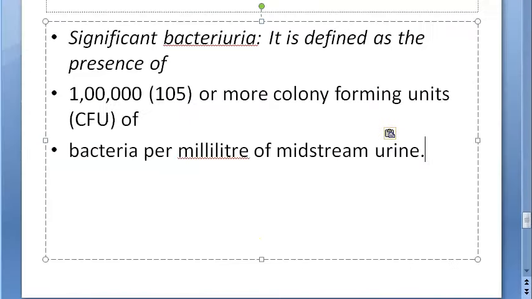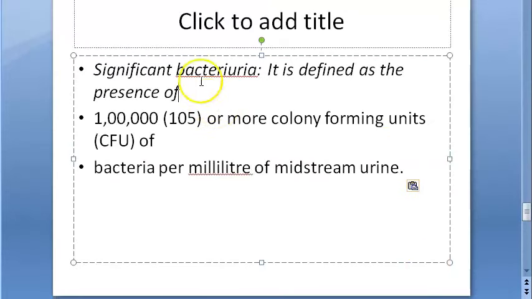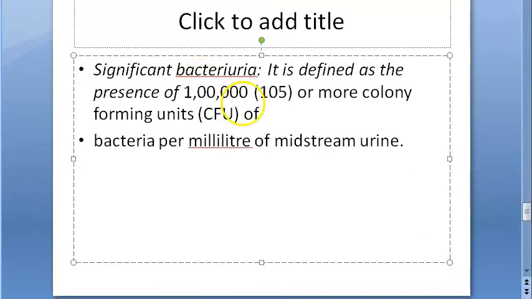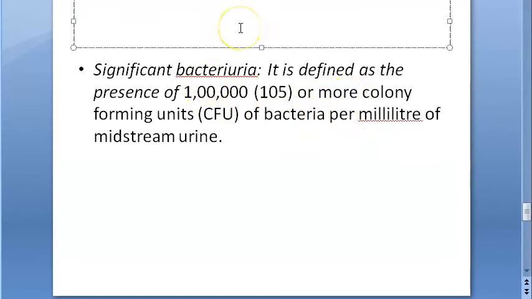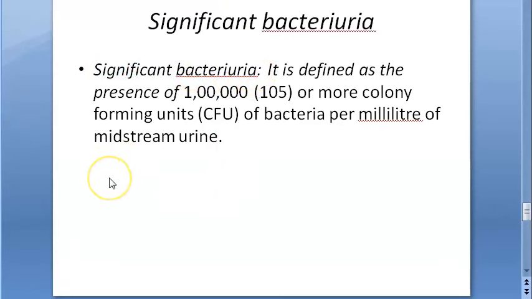Significant bacteriuria is defined as the presence of 1 lakh or more colony forming units of bacteria per milliliter of midstream urine. So there is something like midstream urine. So basically when the urine sample is given, they will take the midstream urine if they want to know if it is there in the bladder. If they give the first 10 ml of voided urine, then there will be urethral infection.